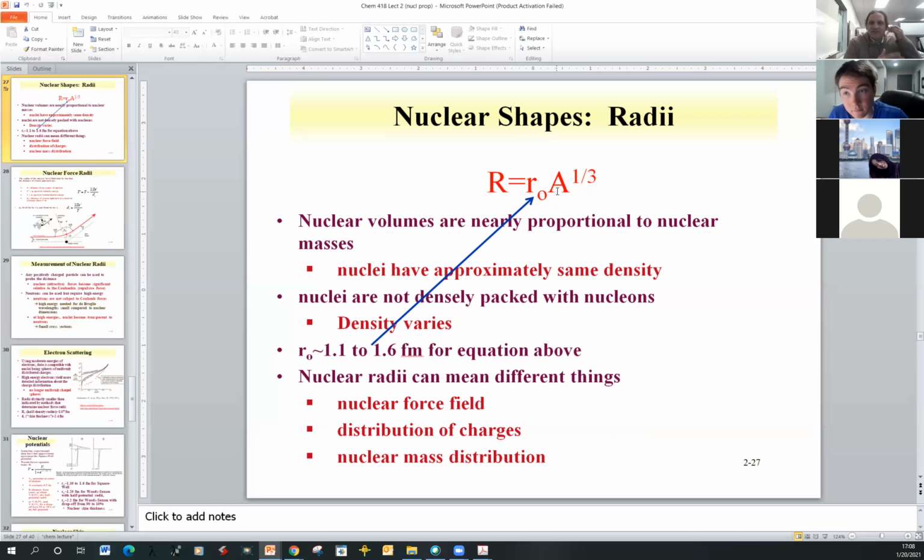Until you saw that lecture, you probably didn't think much about a nucleus, because as chemists, it's just the dot in the middle of the atom. So we're going to pretty much leave it that yes, it has variations in density.